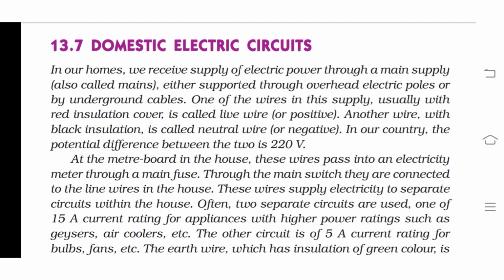So how the current is distributed in domestic electric circuits, and what we need, we can learn from domestic electric circuits. In our homes we receive the supply of electric power through a main supply, also called mains, either supported through overhead electric poles or by underground cables.